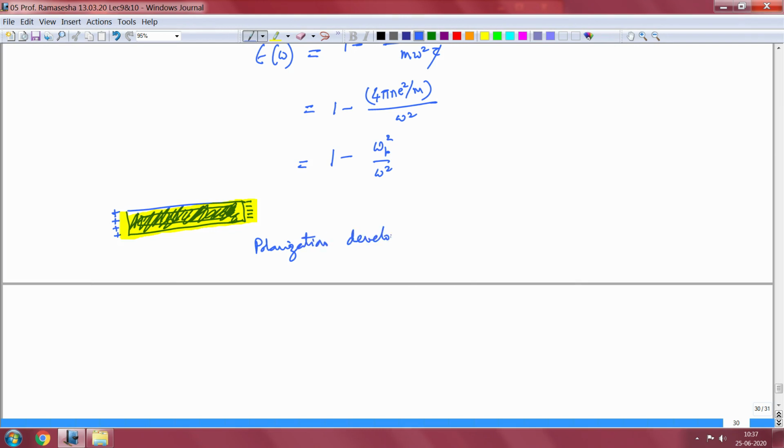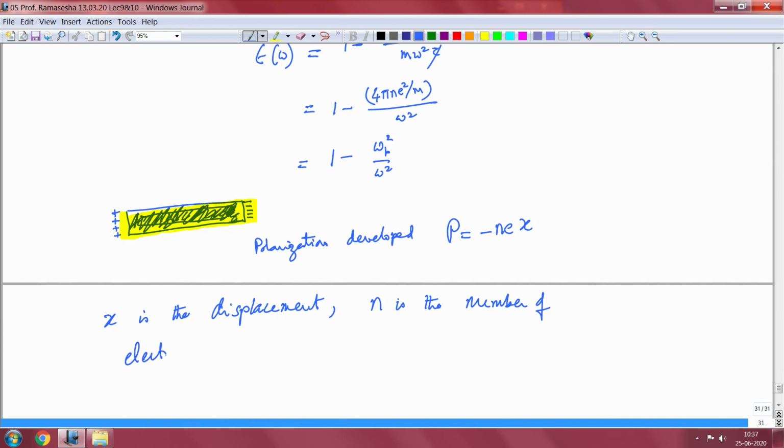P is equal to minus NEx, where N is the number density of electrons, the number of electrons per unit volume, and x is the displacement.